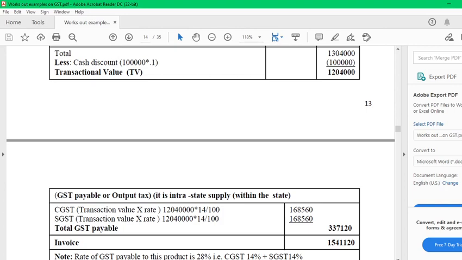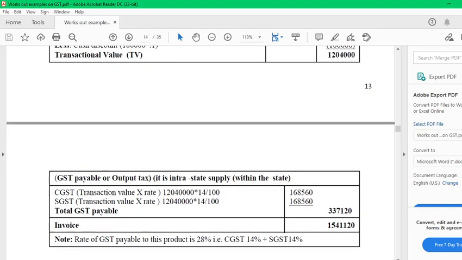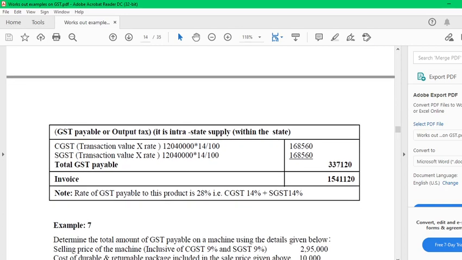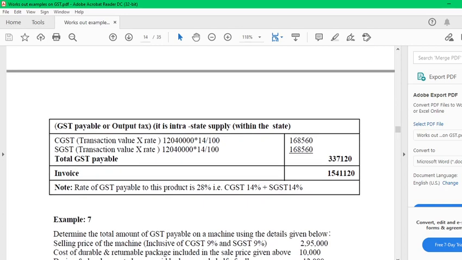Because you know the basic GST rates: 0%, 5%, then 12%, 18% and 28%. There are only 5 rates. Hence, it comes to 14%. It is 1,68,560, 1,68,560, CGST and SGST come to 3,37,120. The total price is 12,04,000, 15 lakhs 41,120 is the invoice.